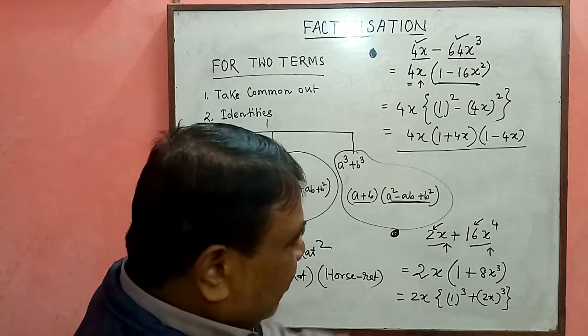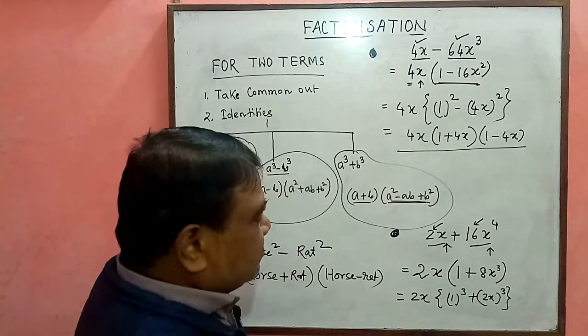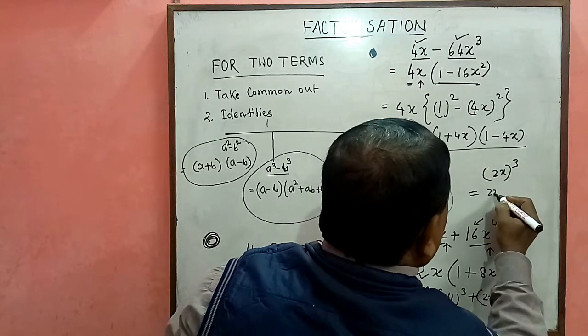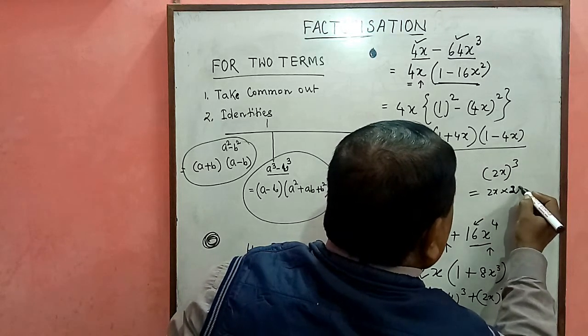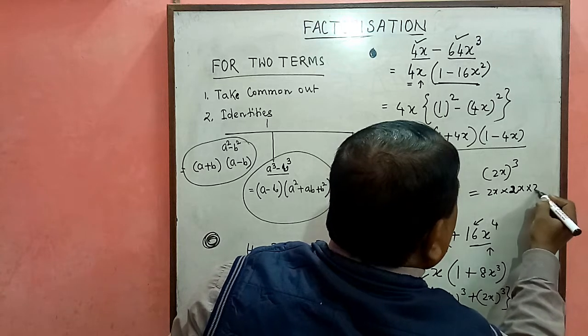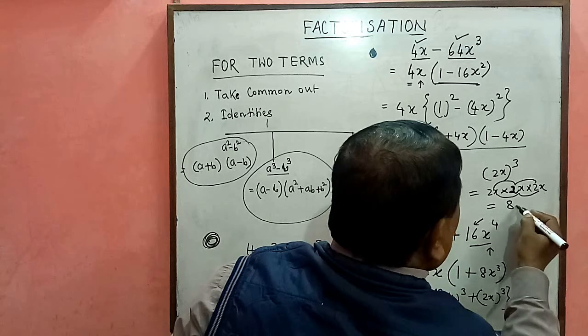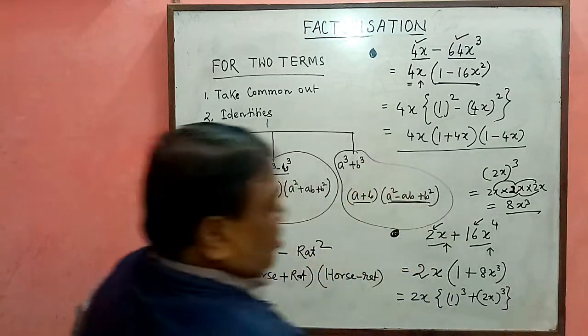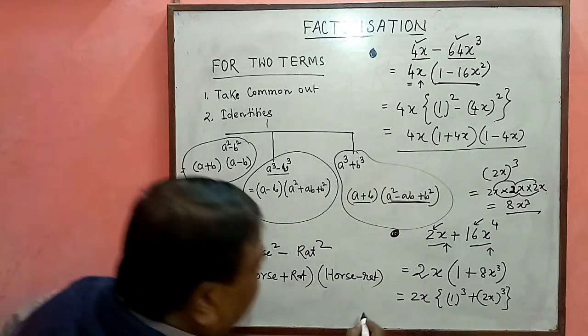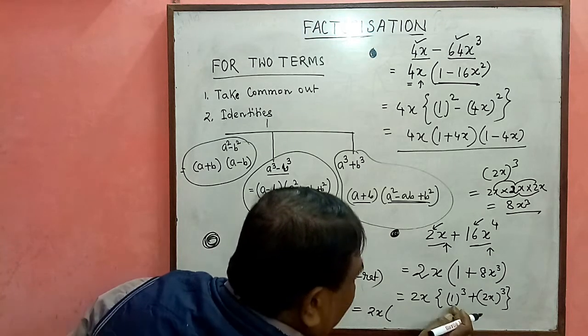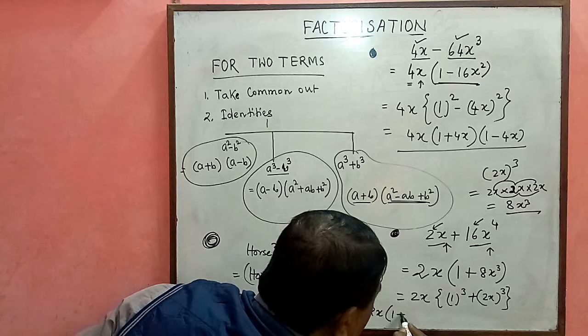If you are worried whether it is 8x cube or not, 2x cube means 2x is multiplied thrice. 2 into 2 into 2 is 8, x into x into x is x cube. So that shortcut is there. Now I will straightaway write the identity. First one plus second one.